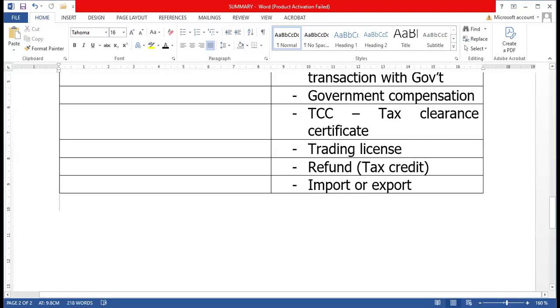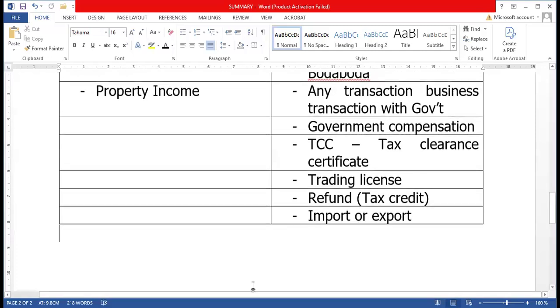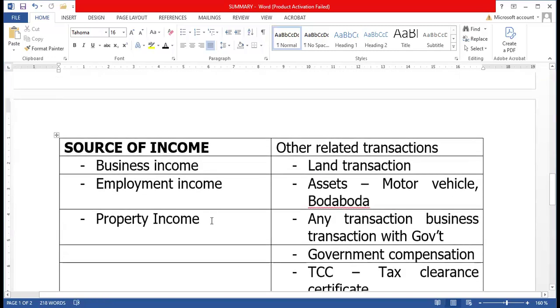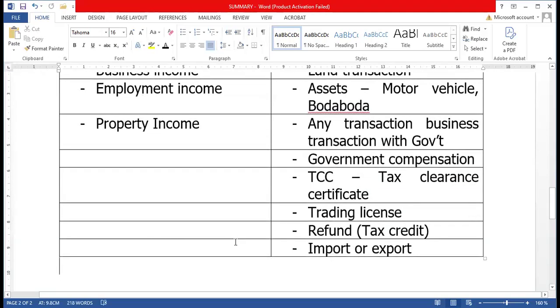It could be you are running a business. It could be you have an investment somewhere, or someone is using your name and you expect income. As long as you have a source of income as an individual, you need a TIN, or you're doing a transaction that requires a TIN.